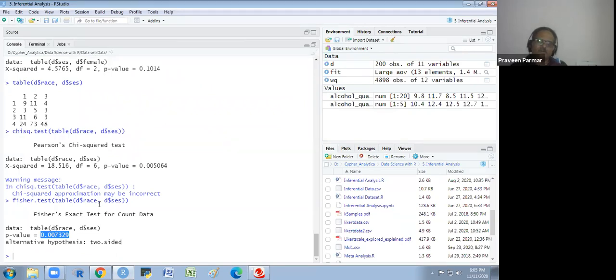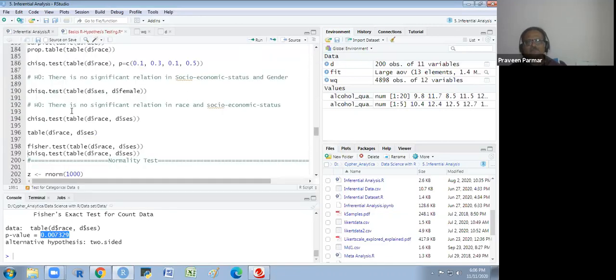It is less than 0.05. It means there is a significant difference, and both are dependent. So there is a significant relation between race and socioeconomic status because the p-value is less than 0.05.